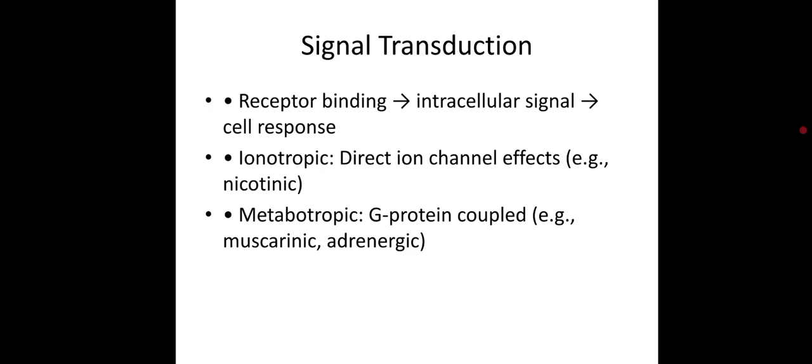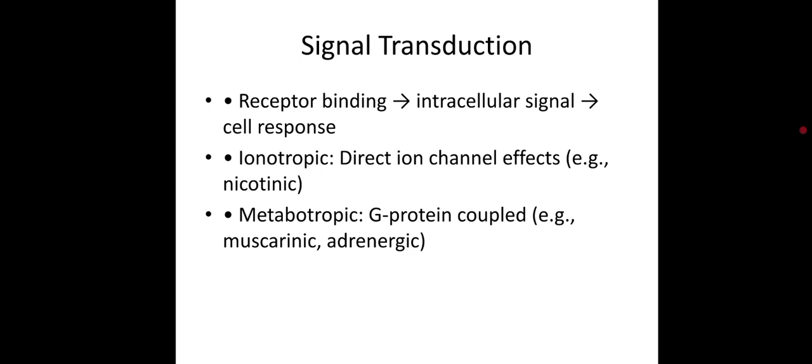So it could be ionotropic, means directly affecting the channels, like nicotinic. In case of nicotinic receptors, there will be opening of the channels. In case of GABAergic receptors, you will see that chloride channels get open.